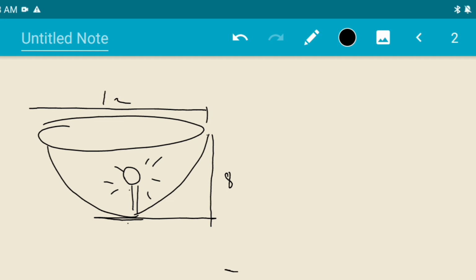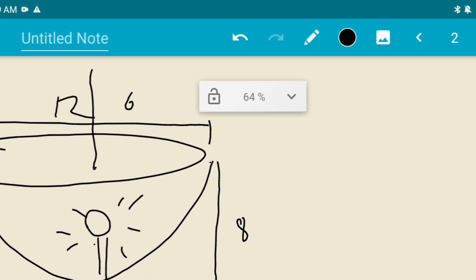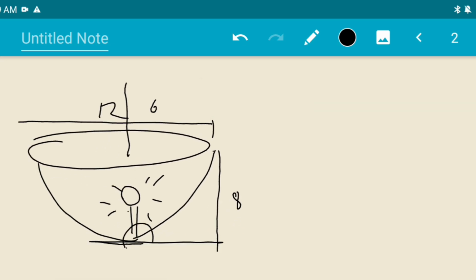Now some of you may be guessing, saying no, we just cut this in half, so this here will be a 6, and we know that the distance from the vertex to the foci is just half the distance from the foci to the surface of the conic section.